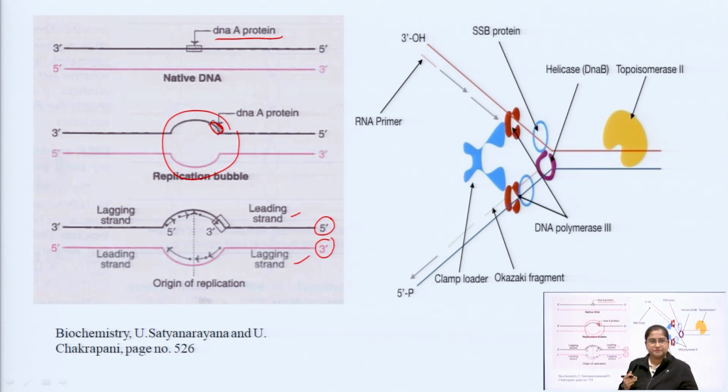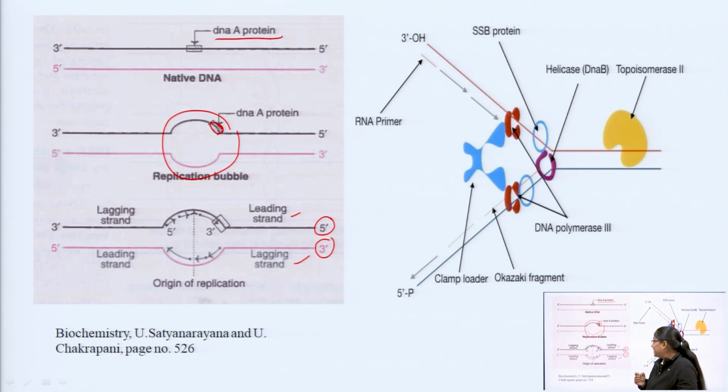What are those? First of all, we need to know that DNA replication always happens from 5' to 3', from 5' to 3'. That means these are the directions in which newly synthesized DNA will be happening, in this direction.